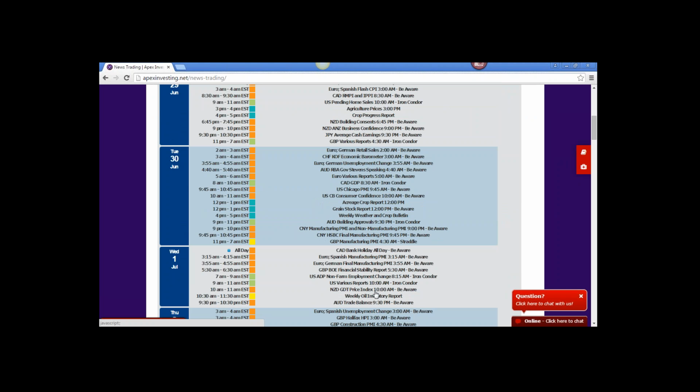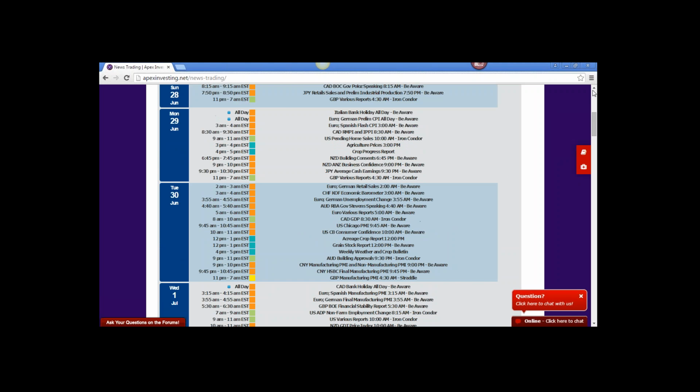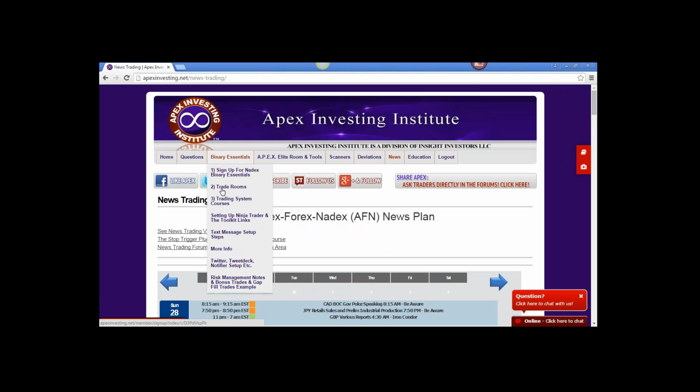You want to pay close attention to the news trading plan to know what nights of the week might have more movement, and therefore when you want to schedule it. And there are two different ways that we trade 5-minute binaries. One is lower risk out of the money, needing movement of volume. The other is at the money on price action. Again, on our website, the Binary Essentials number 3 step-by-step course is there.